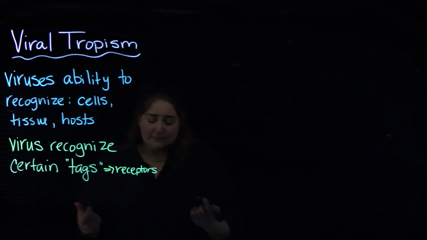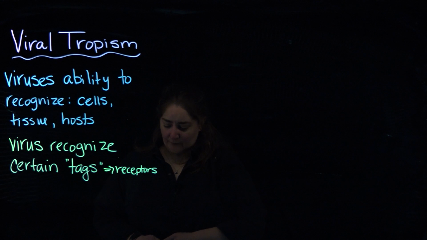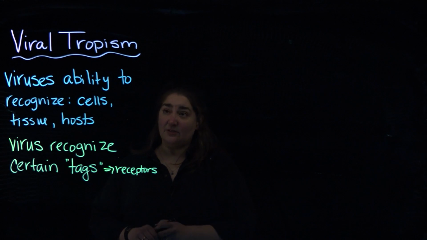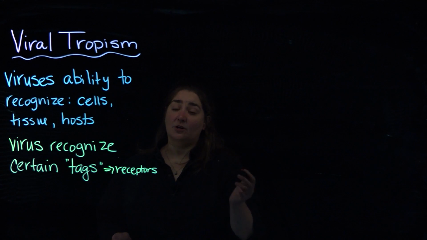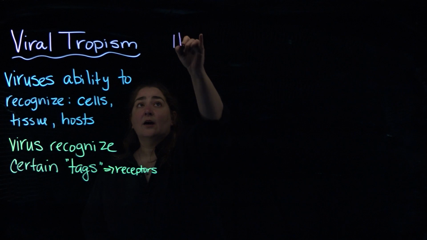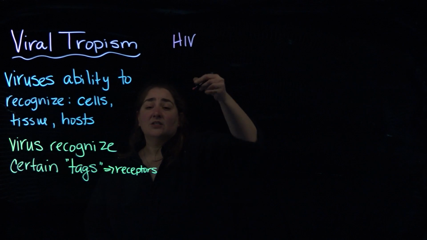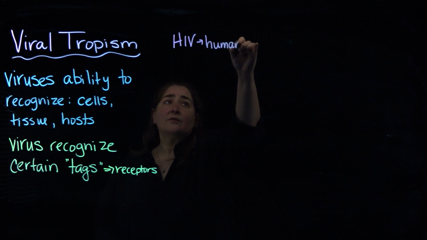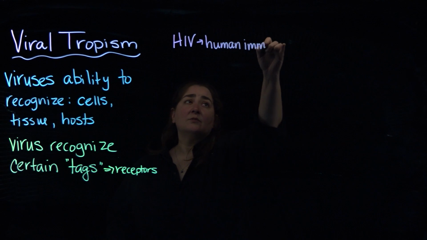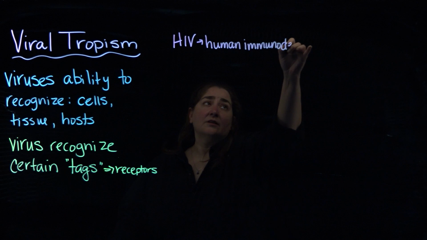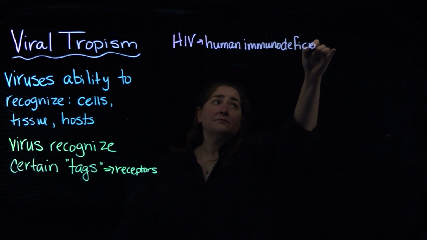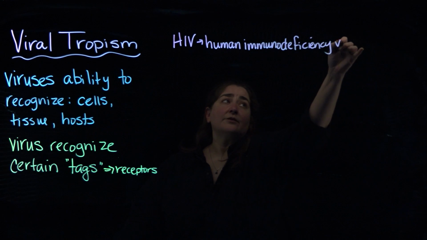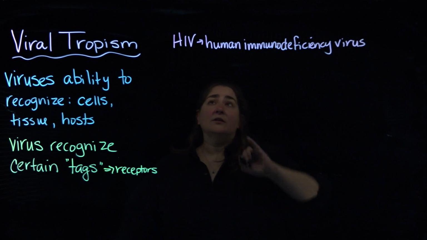So for example, okay, a good example, because here in a bit we'll have a video talking more specifically about the HIV virus. That HIV virus is the human immunodeficiency virus, which is why we call it HIV.